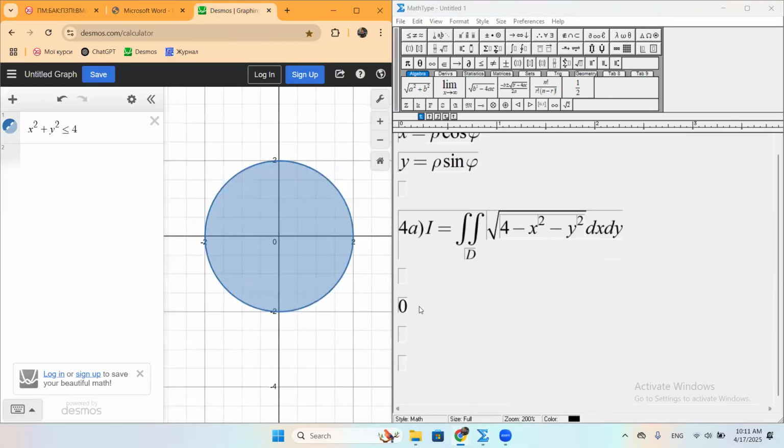So it means that phi is changed from 0 to 2pi, so it makes a full circle, and rho changes from 0 to 2. So absolutely simple case for now.